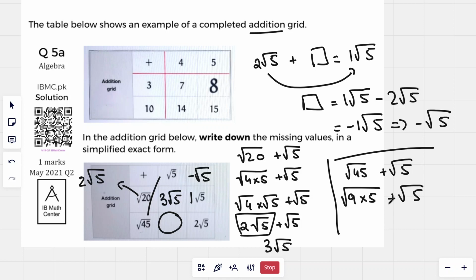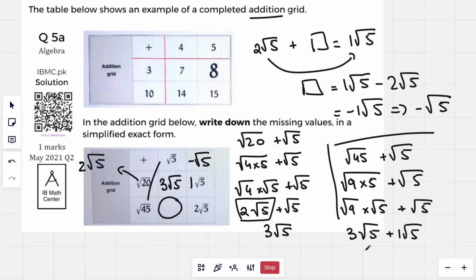Continuing with the same logic, we can split it into square root 9 times square root 5 plus square root 5, and then square root 9 is 3. So now we have 3 square root 5 and 1 square root 5 together. This makes up 4 square root 5.